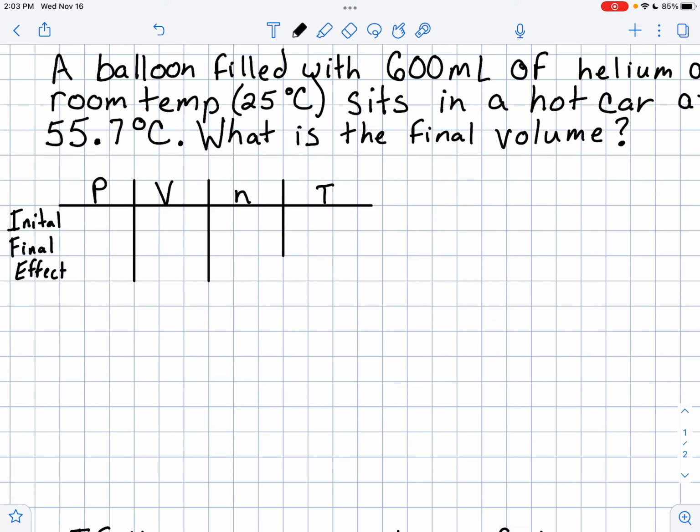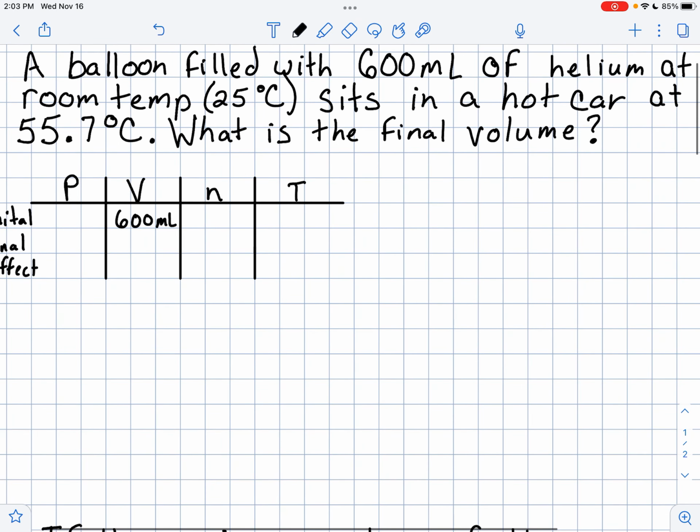And so, by looking at this, I can tell that since the balloon is filled with 600 milliliters, milliliters tells me that's volume. So 600 milliliters is my initial. It tells me that my temperature that I start at is 25 degrees Celsius. Except there's a problem with that, because do we do calculations in Celsius? No. So what we need to do first is convert Celsius to Kelvin.